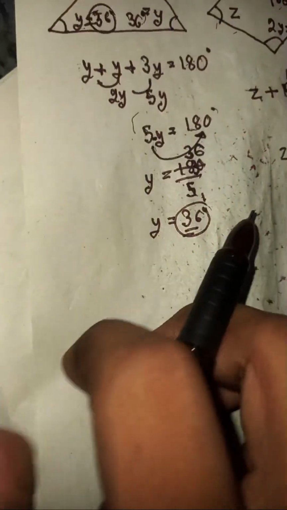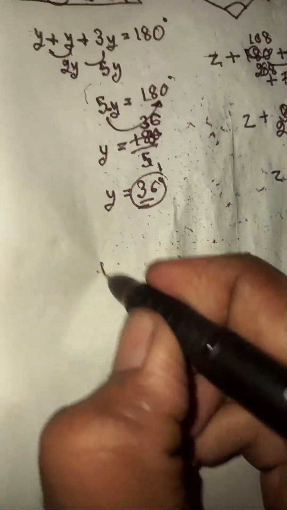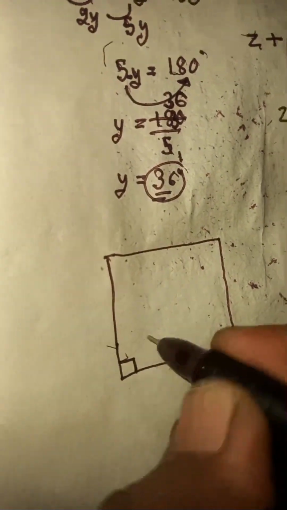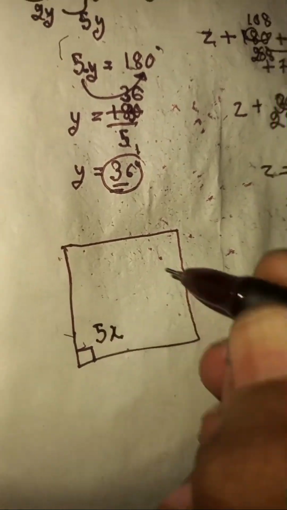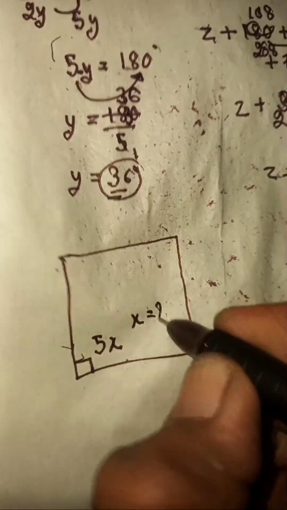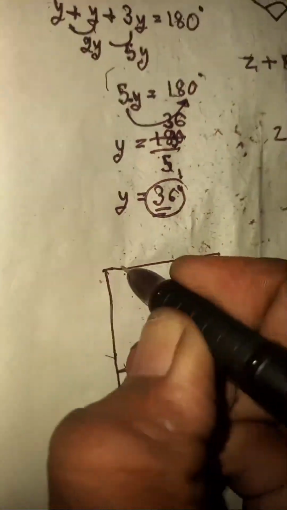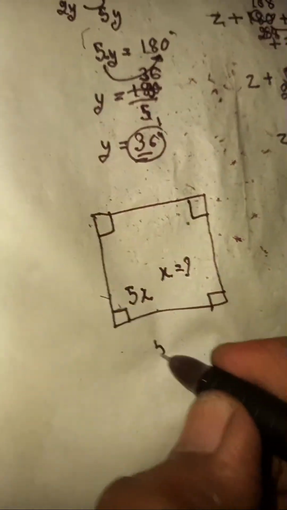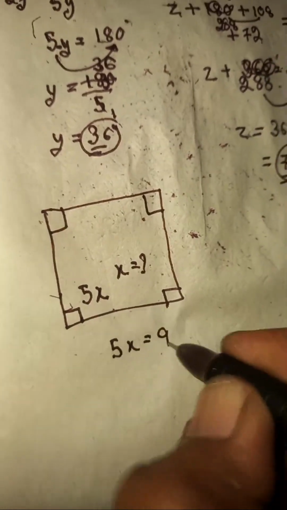Let's do some more problems. And now I am going to do it like this, taking another square. In this square they have given that this angle equal to 5x. You need to find what is the value of x. All angles in a square are equal to 90 degrees, so this 5x is also equal to 90 degrees.